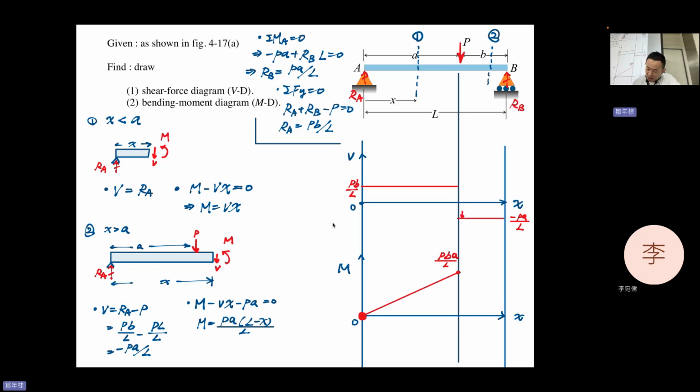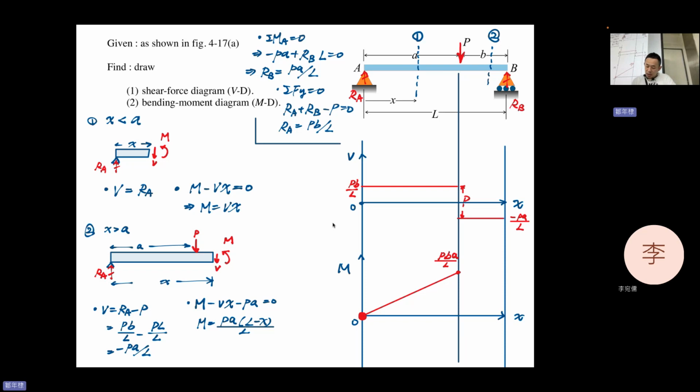What's the difference at this jump? P. So again, if you have an applied force on the material, it will immediately affect the shear value.